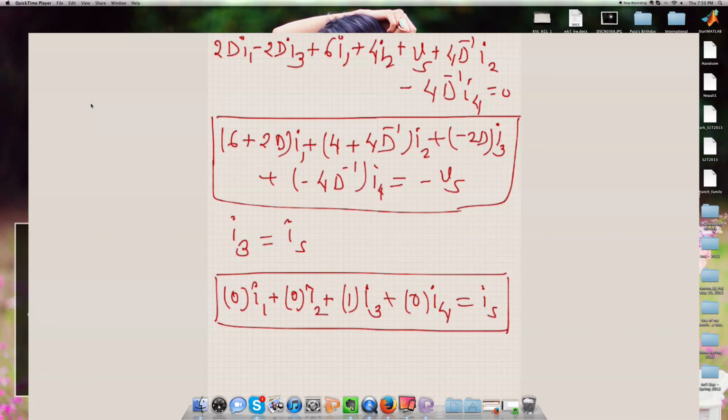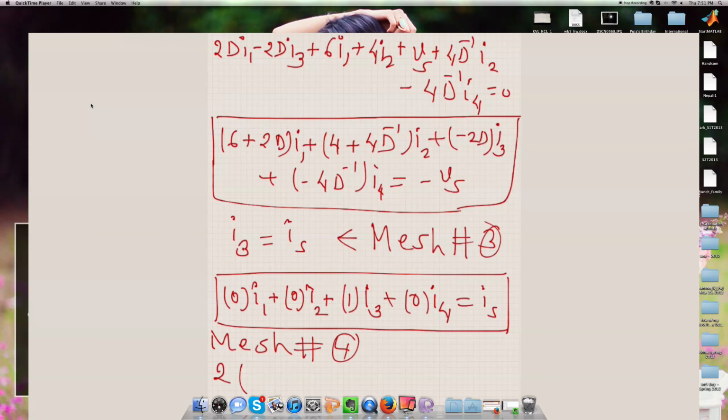Now, what we see is, in mesh number 4, we have 2 times I4 minus I3.